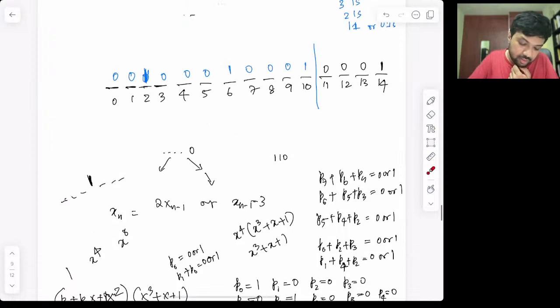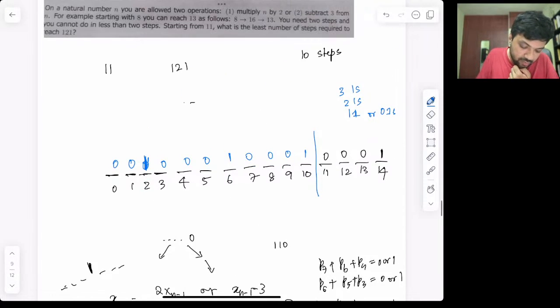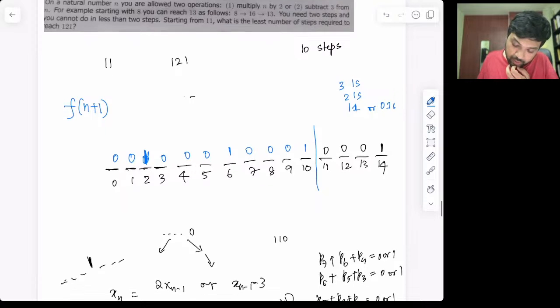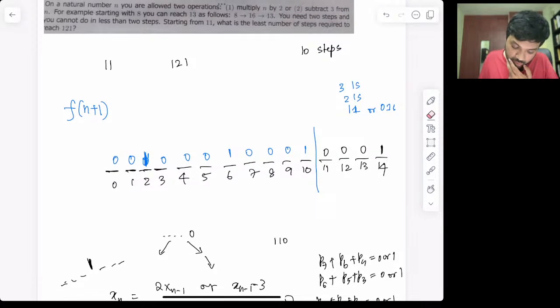So I can see the recursion sort of happen. F of n plus 1, if you have degree n plus 1 polynomials with that property, then you can have p0. I mean, in my mind, the p0 coefficient is what? p0 you can put 0. You can take any polynomial of degree n and multiply x to it. So that way you'll get f of n such polynomials, by multiplying x.